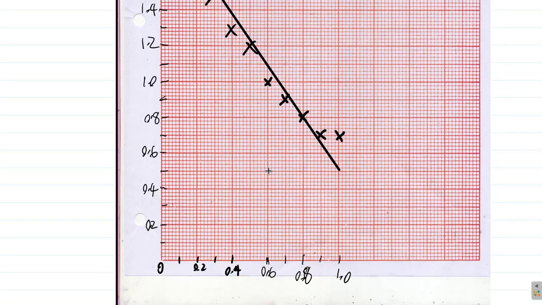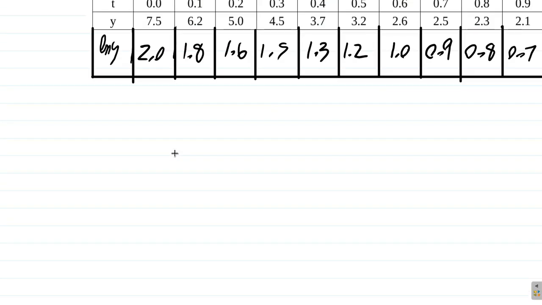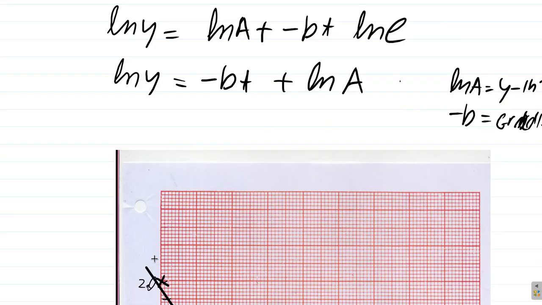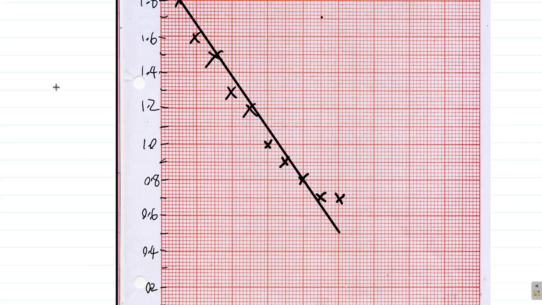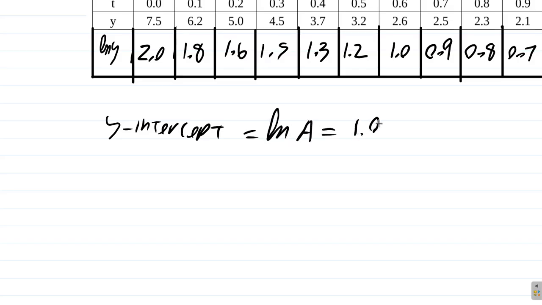Alright, so the y-intercept looks like 1.9, call it 1.95. So the y-intercept is equal to ln A, it is 1.95. If ln A is 1.95, then e to the ln A equals e to the 1.95.